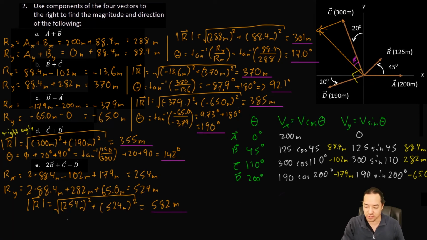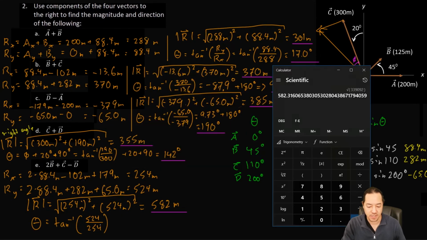And let's look now at the angle. It's going to be the inverse tangent of ry over rx. That's 524 over 254. So let us find what this is going to be. We have 524 divided by 254. Gives us our answer here.